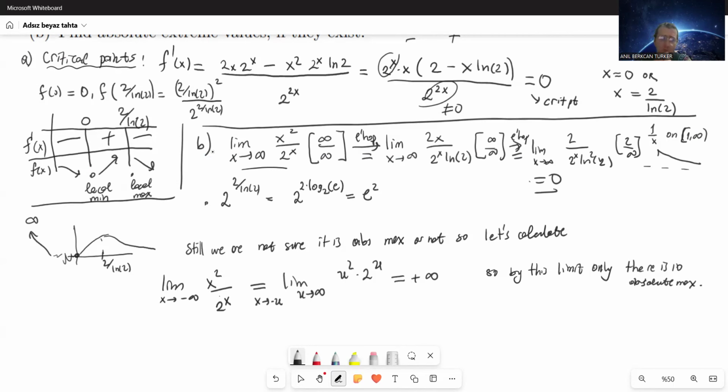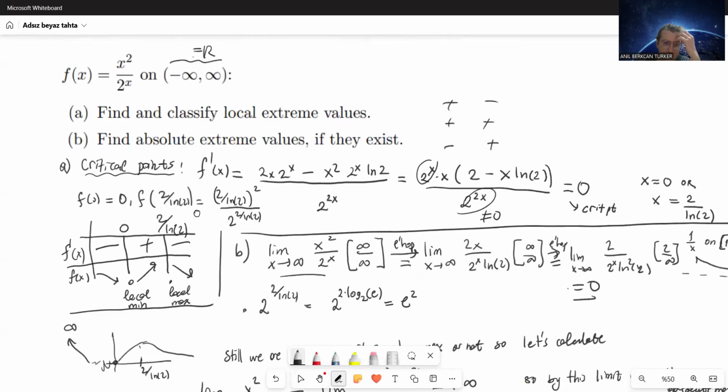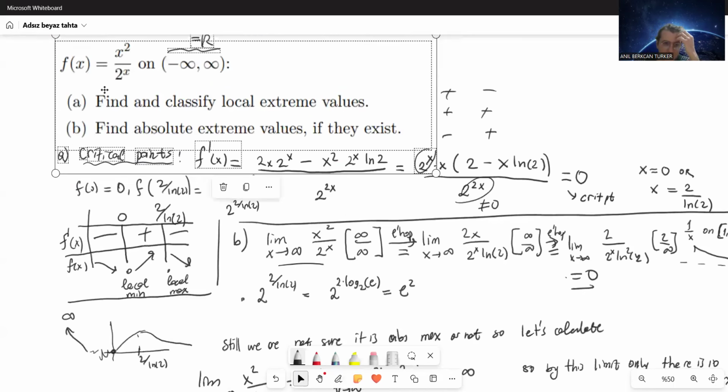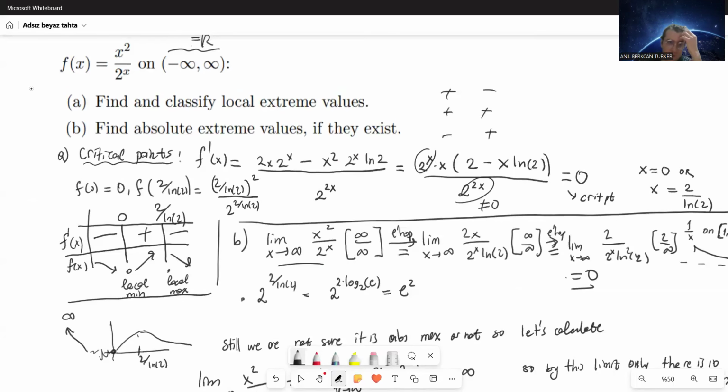But what about minima? Okay, so let's look at this function. Our function is always positive, right? I mean this one. Because x squared is always positive, and this is always positive because it is exponential. And it takes 0. But before 0, it always decreases by this part, right? It is always decreasing before 0.